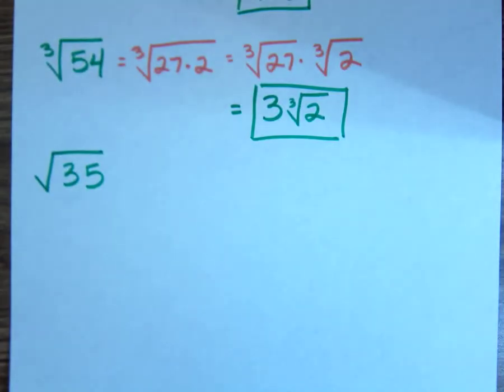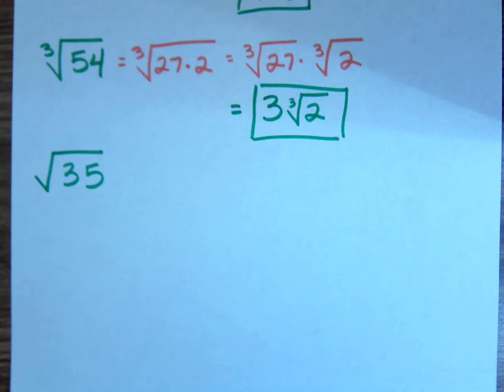That's a square root again. So I want to know what is the largest perfect square that 35 can be divided by. Perfect squares would be like 1, 4, 9, 16, 25, 36. I know it's not 36 because that's bigger than 35. So the ones lower than 35 were 1, 4, 9, 16, and 25. Which one of those can 35 be divided by? What's 35 divided by 25?